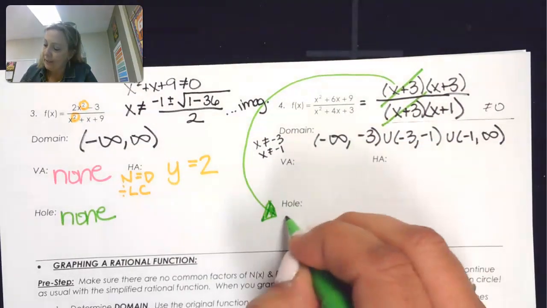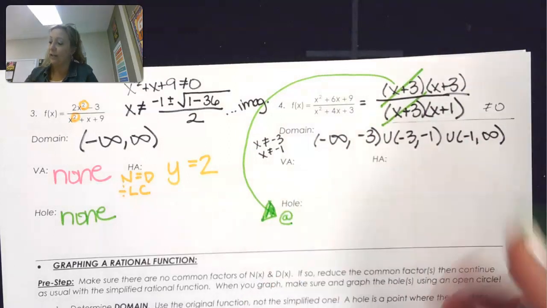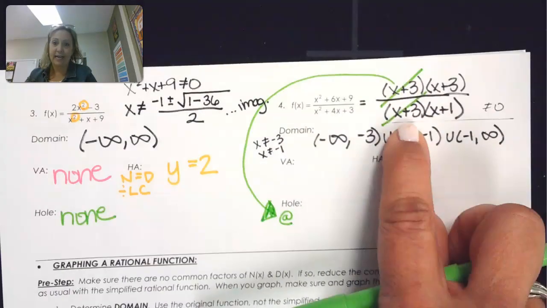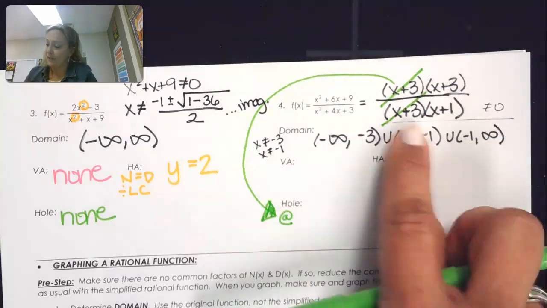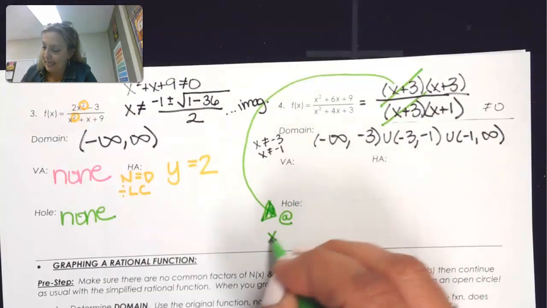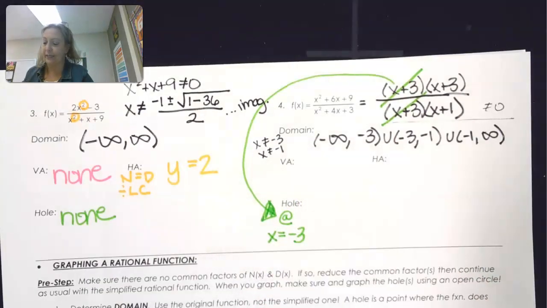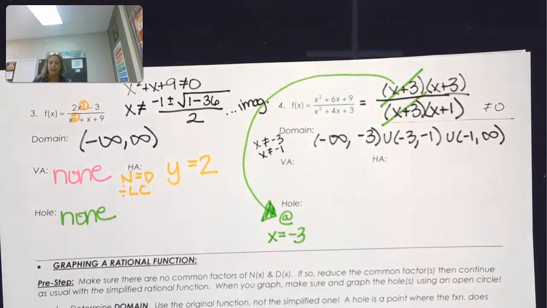So there's going to be a hole at that x value instead. The x value that corresponds with that is x equals negative 3. That means there's not going to be a vertical asymptote there. There's going to be a hole. Don't worry, we'll visualize that in just a second.